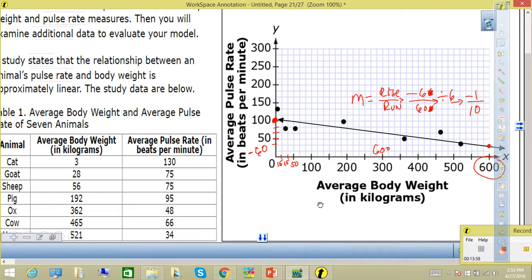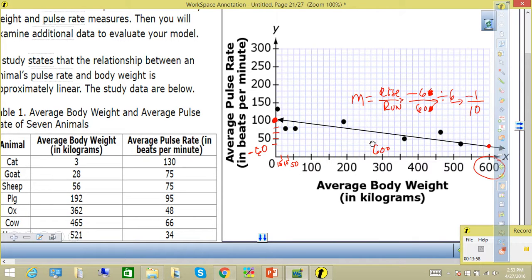When the weight goes down? Let's see. We start at 0. Or when the weight goes up. Did everybody hear that? The pulse rate lowers when the weight goes up. So the heavier the animal, guess what? The less pulses. Everybody see that?